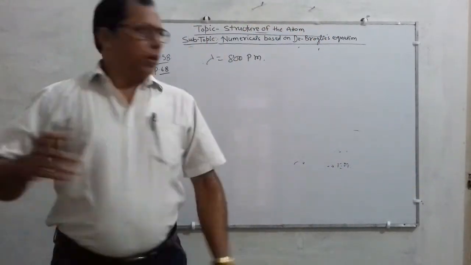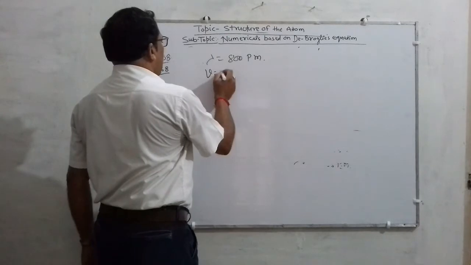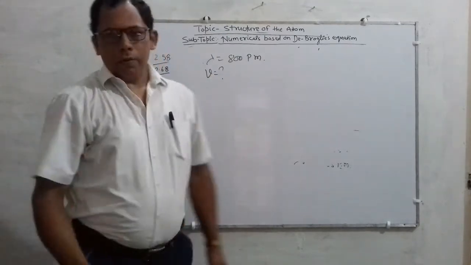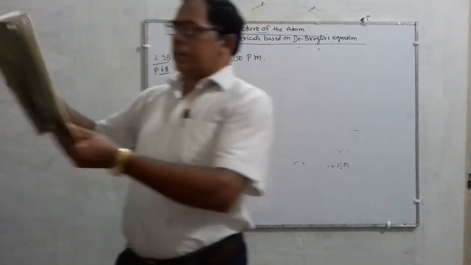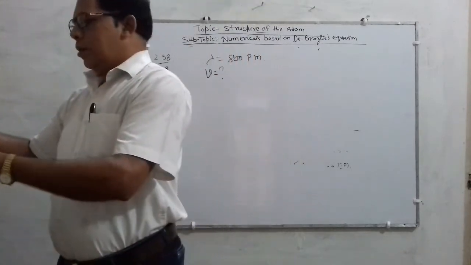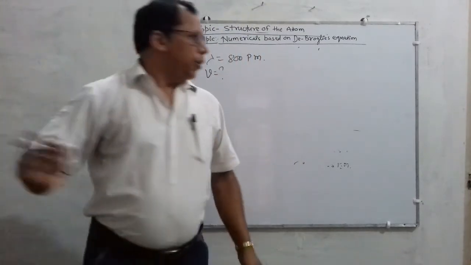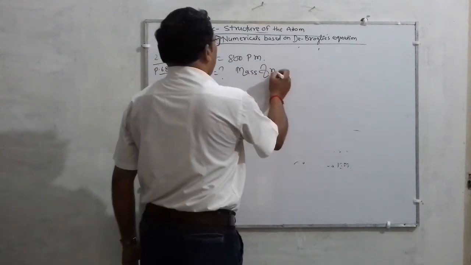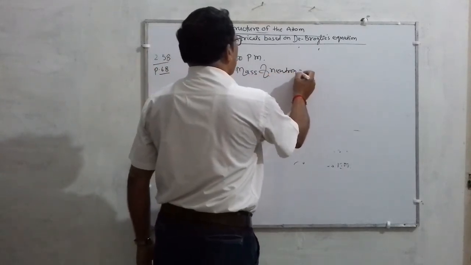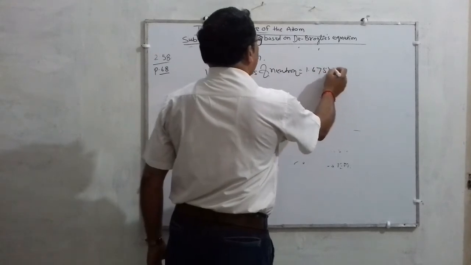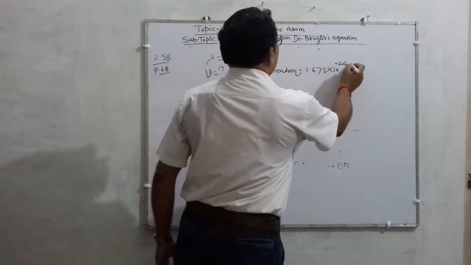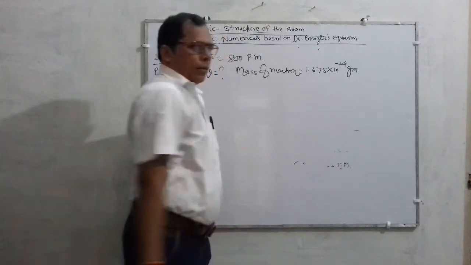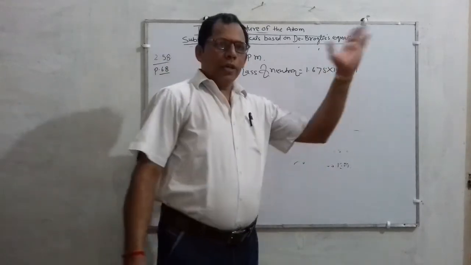Velocity is asked. So v is asked, and one more thing about this question is that it is a neutron. Okay, you know the mass of neutron. Mass of neutron is what, children? 1.675 into 10 to the power minus 24 gram. Just convert it into kilogram.